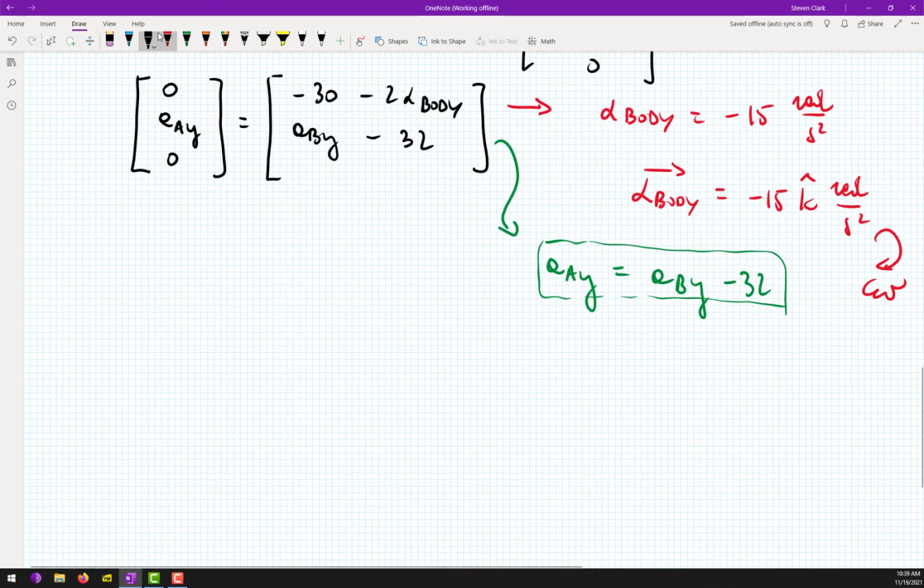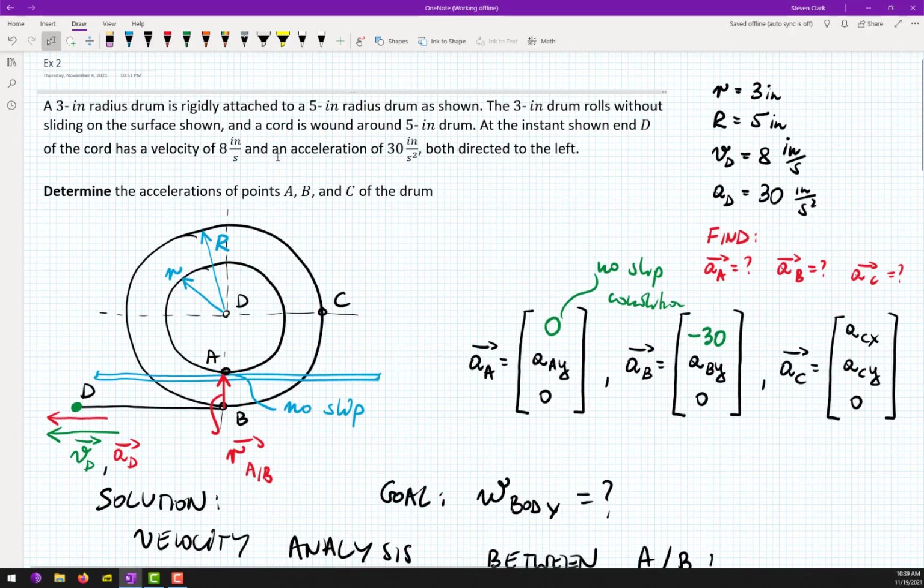So now let's do exactly the same. Let's do acceleration analysis between points A and D, and let's see what will happen. Let me scroll up the board. We're going to do acceleration analysis between these two points.